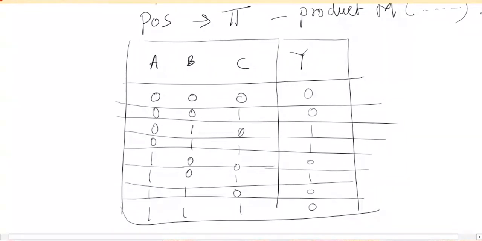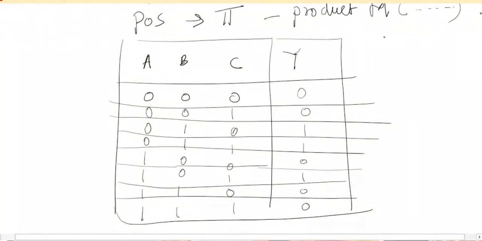Clear? Now how to represent the expression? How to represent the logical expression based on this truth table? Now, as we know that in SOP, a bar is used to represent the complement value, as I told you. Clear? And when Y is equal to 1, that is when the output is equal to 1, take these entries to represent the Boolean expression in the form of an SOP. What you have to do? In SOP, take the input values when the output is equal to 1.